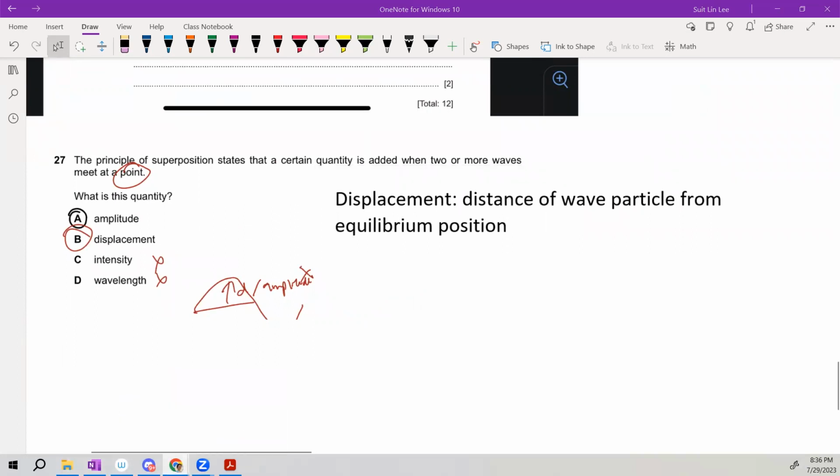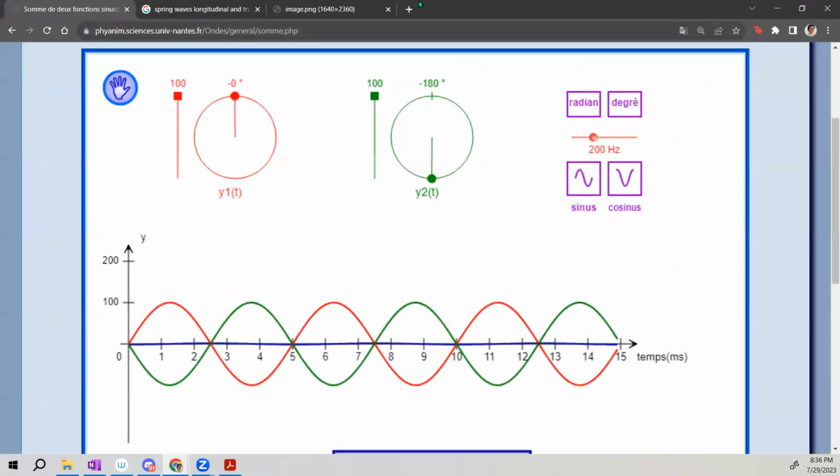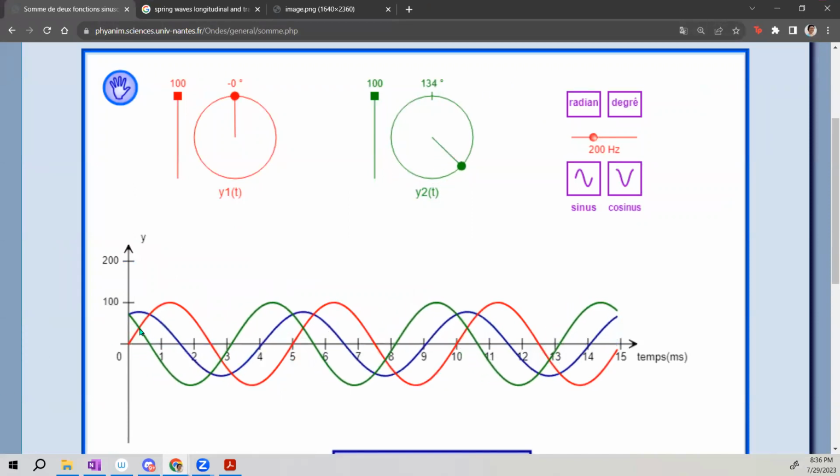Let's go back to here and look at the principle of superposition. Are we adding them together? You add the displacement. For example, this dot plus this one, like 0 green plus a little bit positive blue and positive red is the same point as blue. We're adding the waves together.